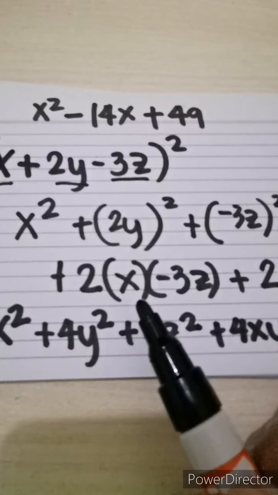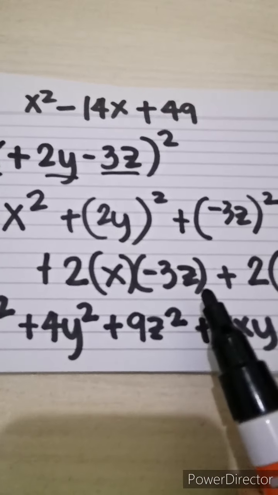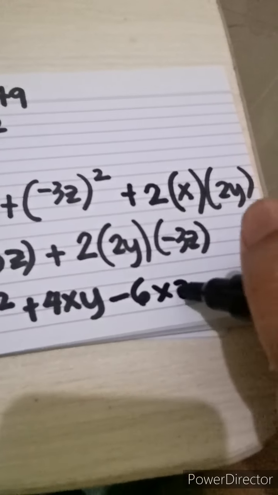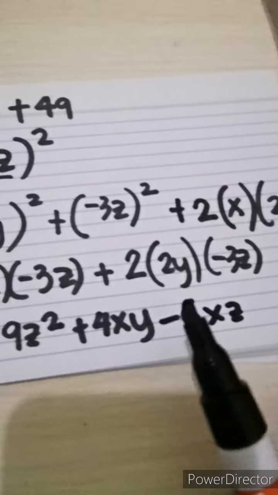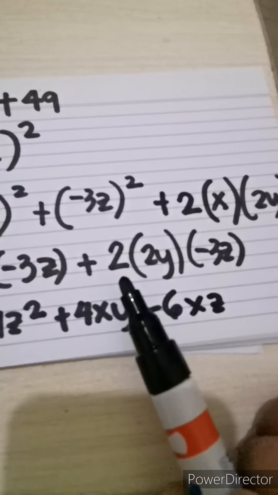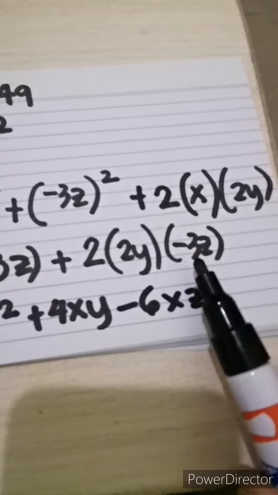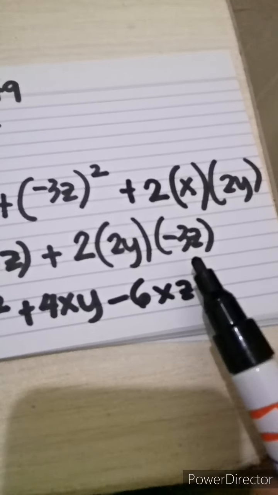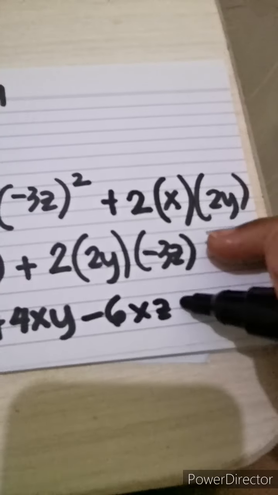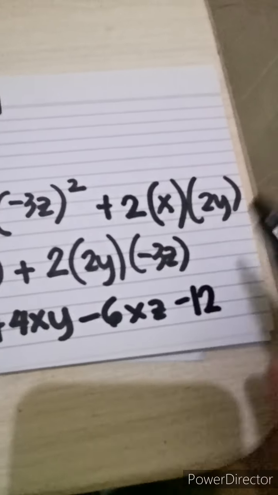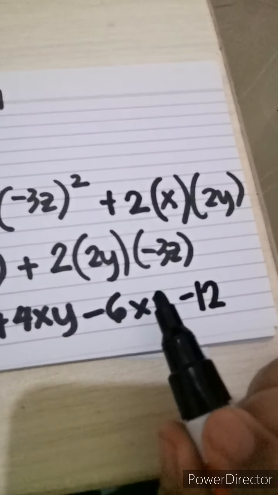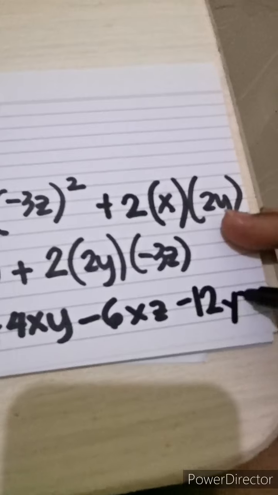Then, just copy the given variable, which are x and z. Next, for the last term, so we have 2 times 2y is 4y times negative 3z. So 4 times negative 3 is negative 12. Then again, just copy the variables. So we have y, z.